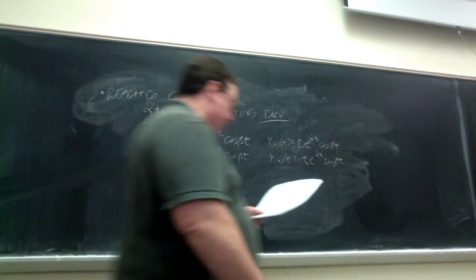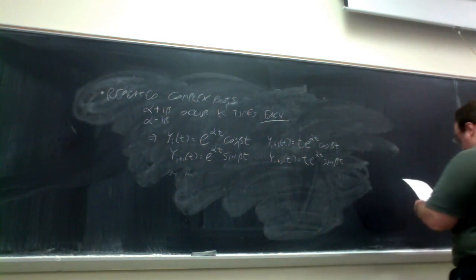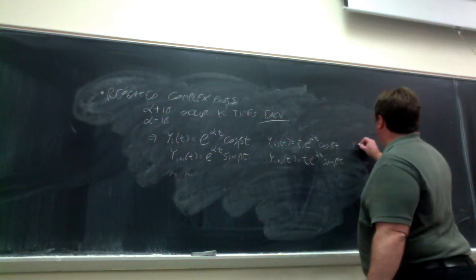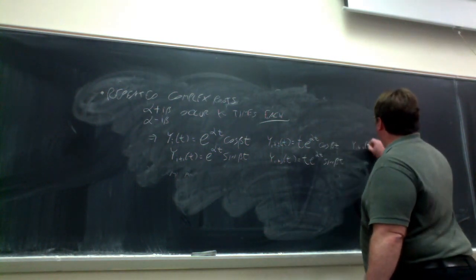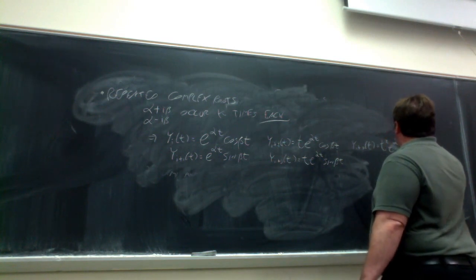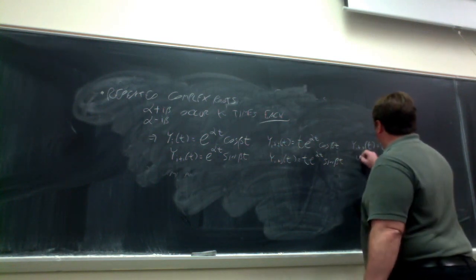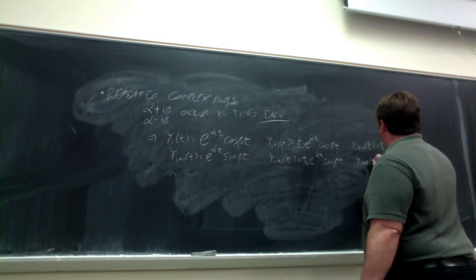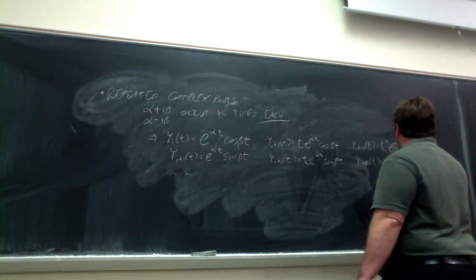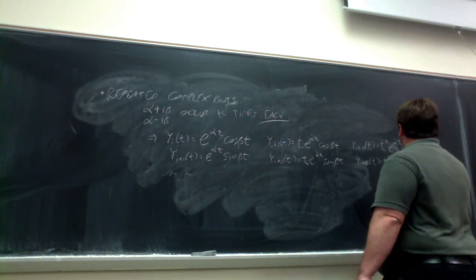This continues. So t squared e to the alpha t cosine beta t, and t squared e to the alpha t sine beta t.